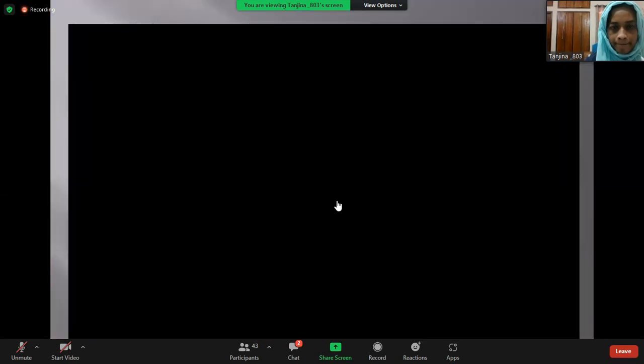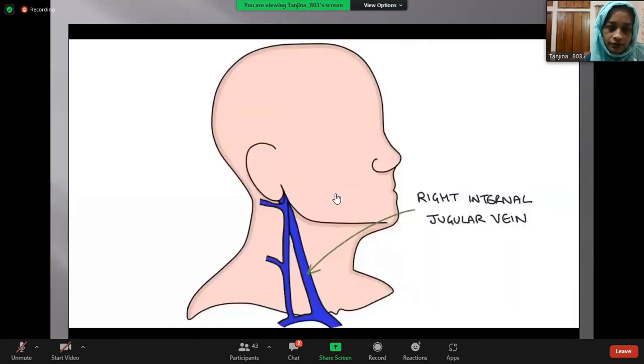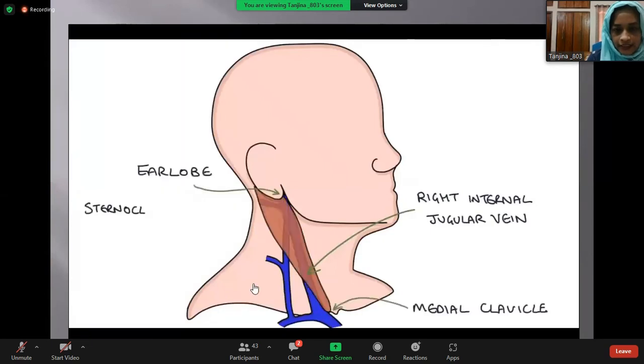This is a video clip of jugular venous pressure recording. This is the right internal jugular vein. This is the external jugular vein. The external jugular vein is not used because it is valved. This is the middle of the clavicle, and the sternocleidomastoid muscle.